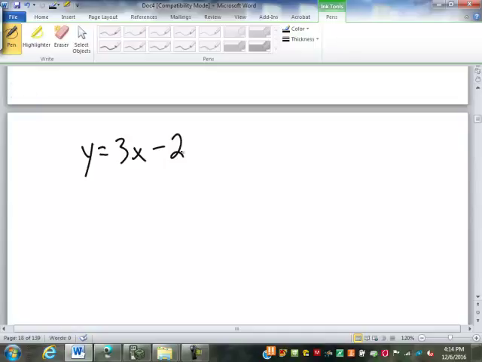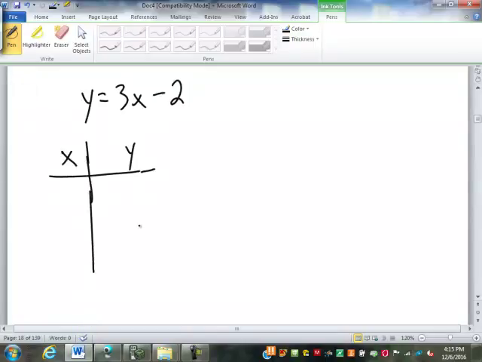Y equals 3x minus 2. To represent their solutions, well, we can represent some of their solutions in a table. Now let's pick values for x and figure out what y has to be. Let's say x is -3.